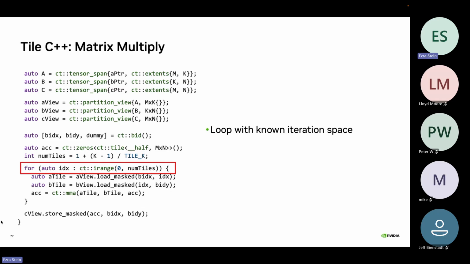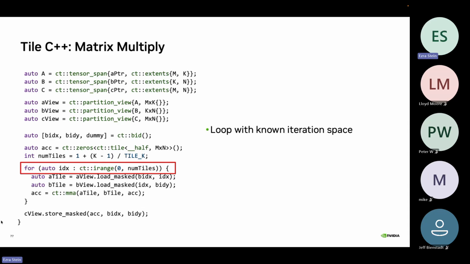There are a few things I want to call out which help give this code good performance. The first is that this loop is written in a special way. You'll notice that we use a range-based for loop, and we have a data type called CTIRange to represent the range. The purpose of this is to give the compiler information about the iteration space of the loop.